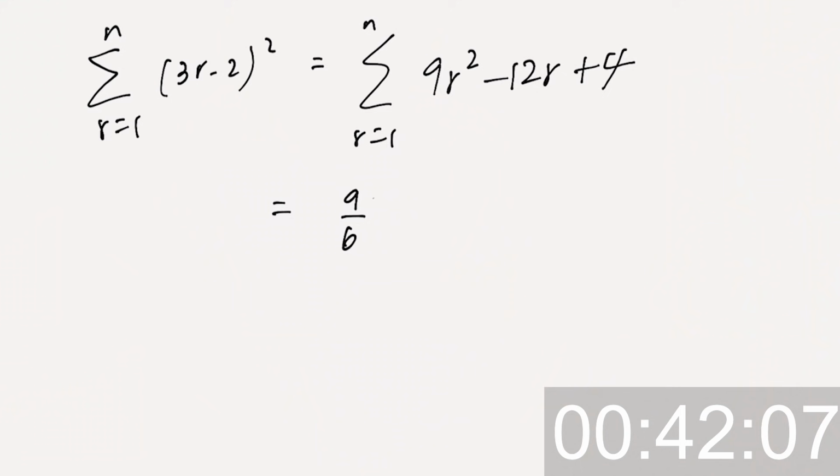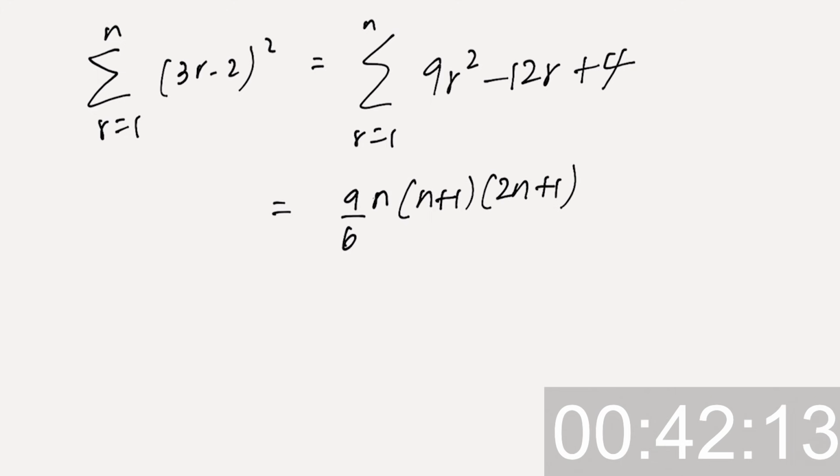So that's using my formulas, that's going to be 9 over 6 of n plus 1, 2n plus 1, minus 12 times that one, so that's minus 6 and n plus 1, and then 4 summed n times is 4n. Right, so let's simplify that.